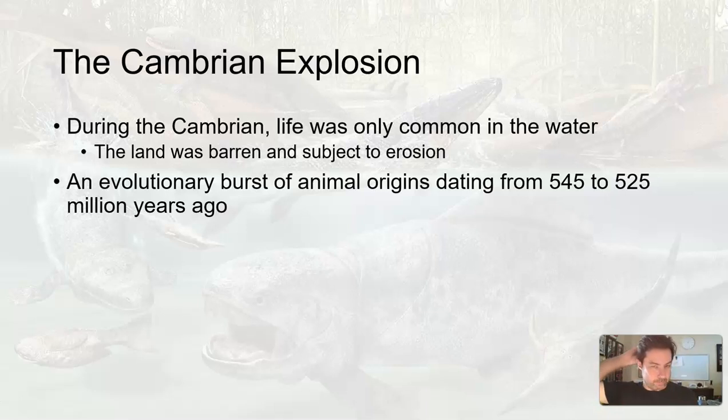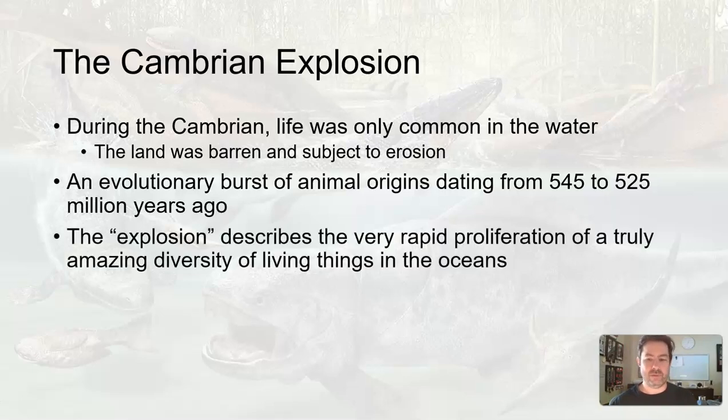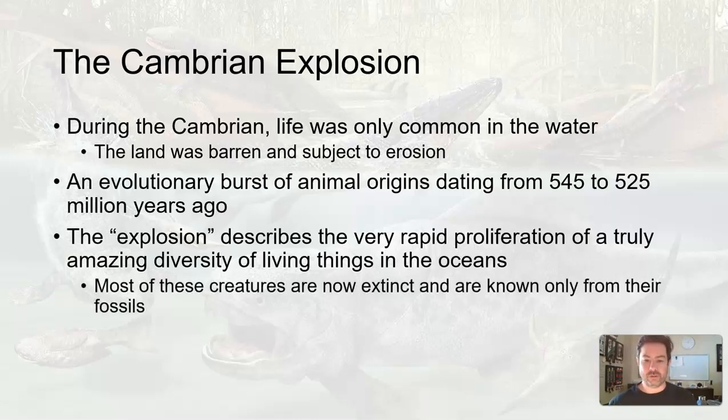But we get this burst of evolution from around 545 million years ago, so actually a little bit before the beginning of the Cambrian as we have it, to about 525 million years ago. Again, it wasn't a literal explosion, it was a figurative explosion. We get a rapid diversification and proliferation of diverse life in the oceans.